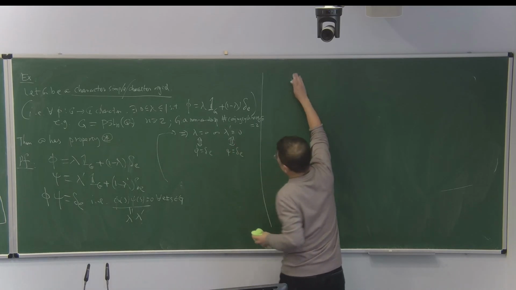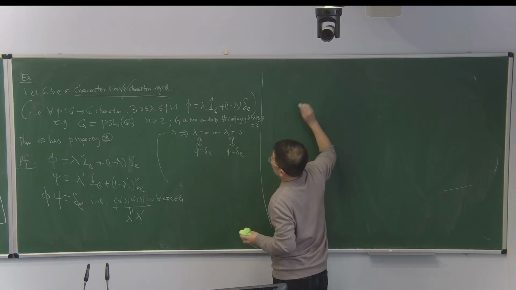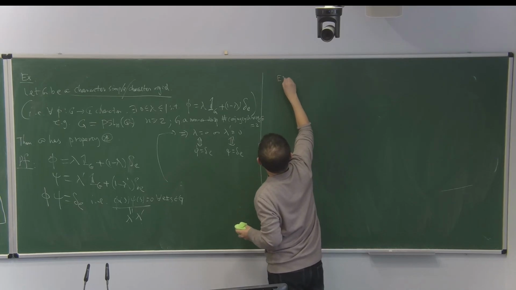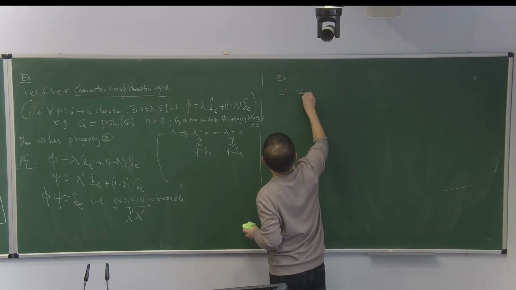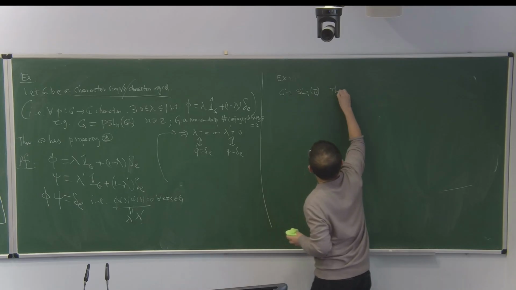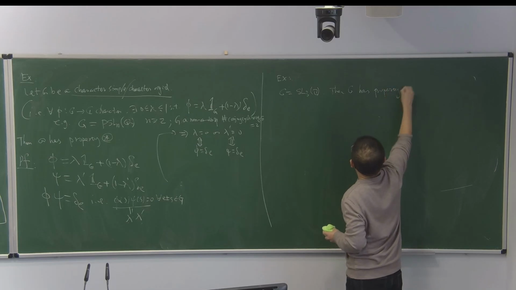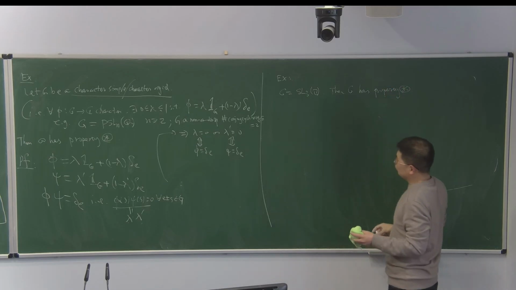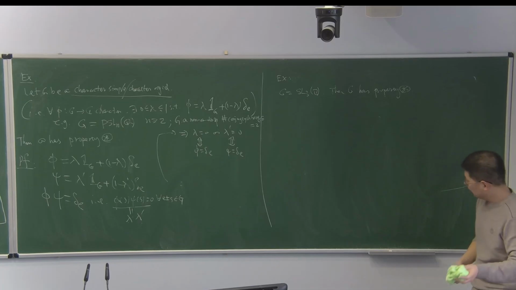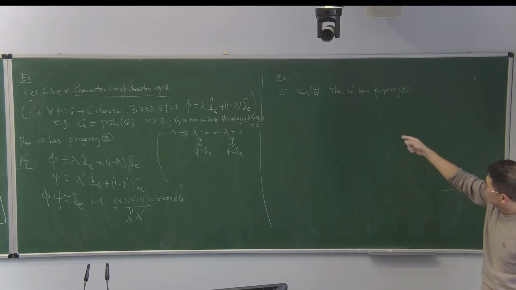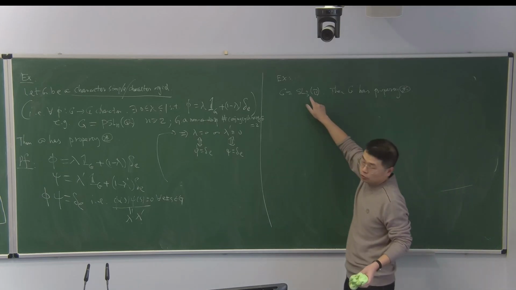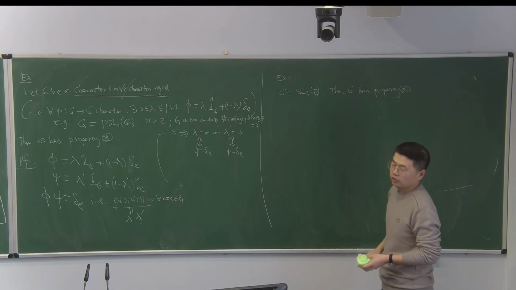More interestingly, we can also take, say, G to be SL3Z. Then G has this property. I will not prove this. This is really based on Professor Becker's classification of indecomposable characters on SL3Z. You can do some similar argument.